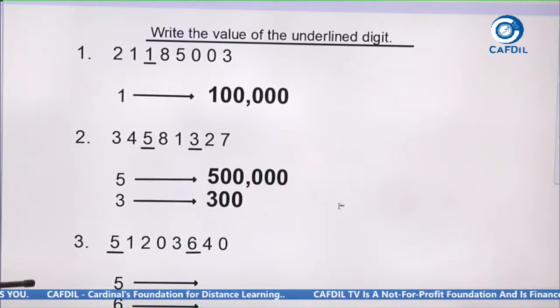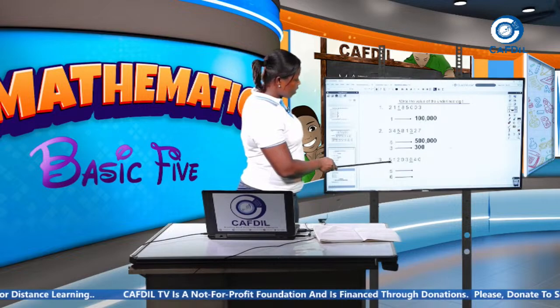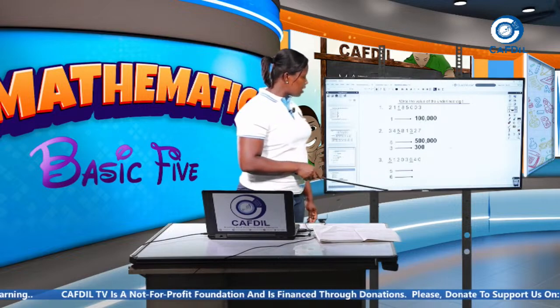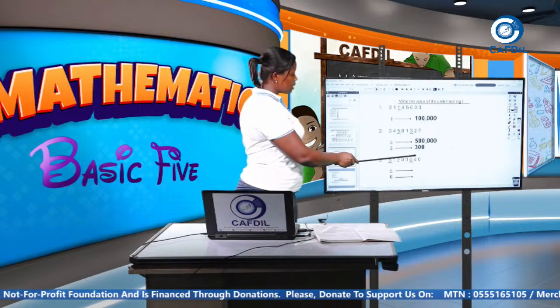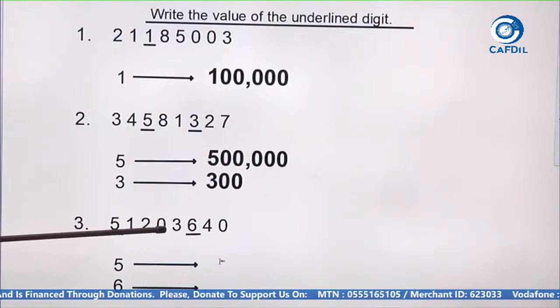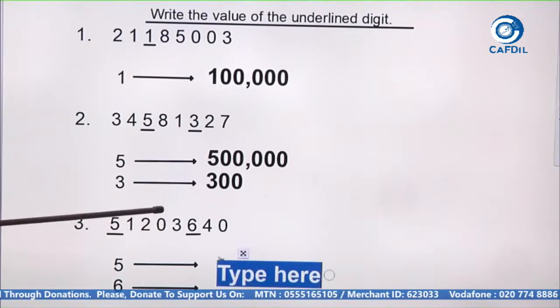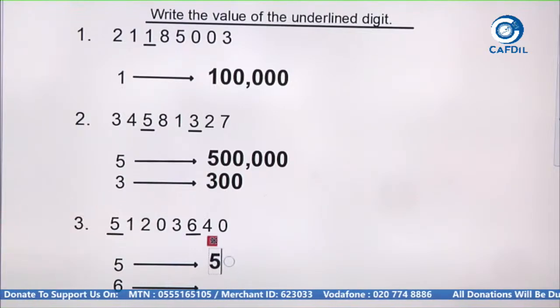Okay. Now the third one. We have underlined 5 and then 6. What is the value of this 5? We have ones, tens, hundreds, thousands, 10,000s, 100,000s.